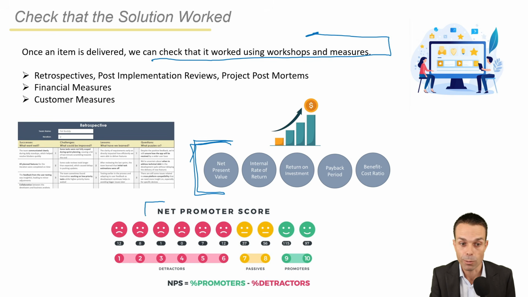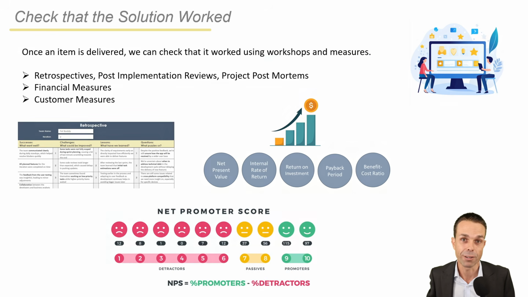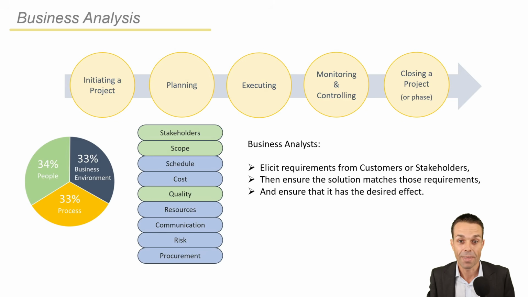We might use the Net Promoter Score or just customer satisfaction measures, or we can check in with our team with surveys or a retrospective where we catch up with our team and ask what went well, what didn't go well, what did we learn, and what still puzzles us. So this is a great way to get feedback on our process and see if we need to improve that. We could do a similar approach for the product that we delivered just to see if it delivered what we wanted.